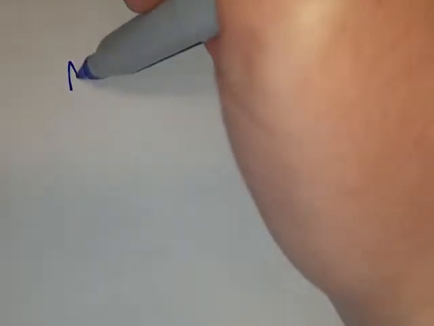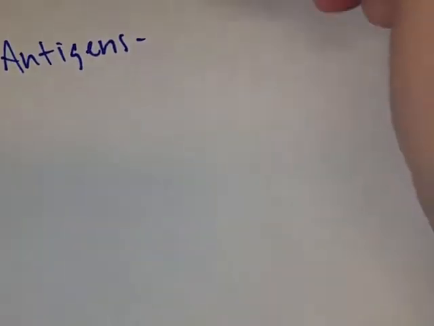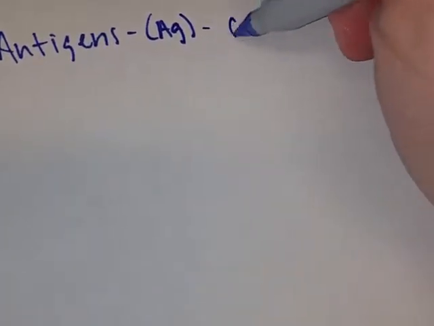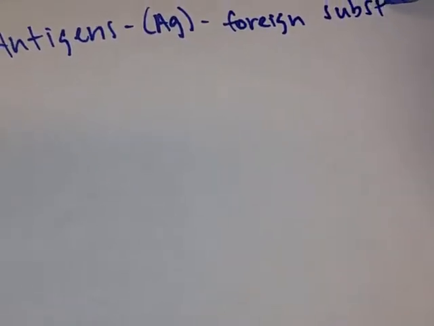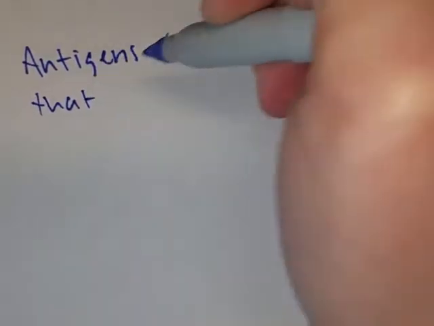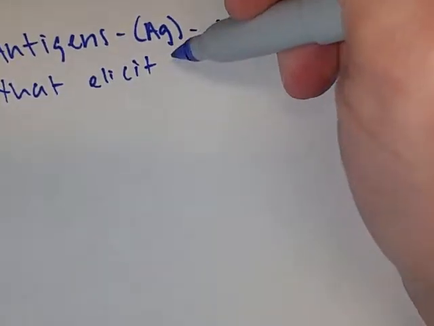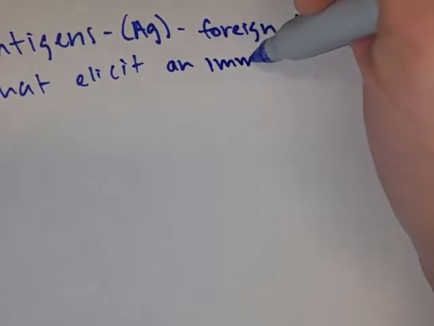Antigens, sometimes abbreviated AG, are foreign substances that elicit an immune response.